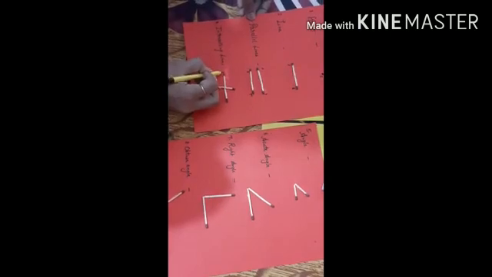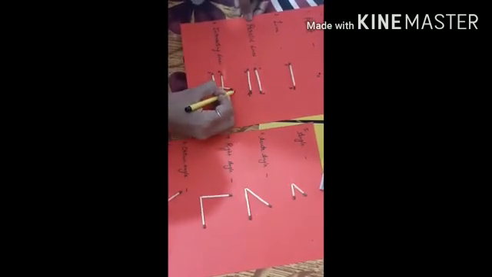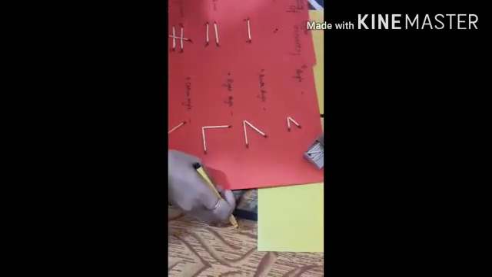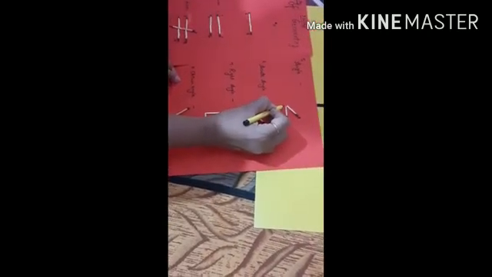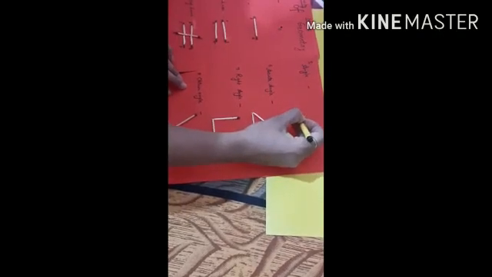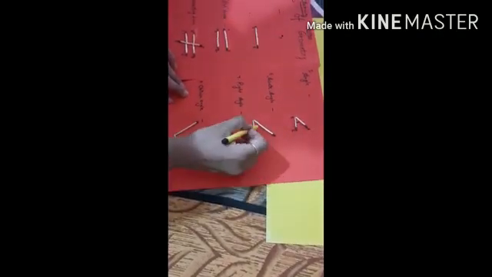Intersecting lines A, B, C, D, and here E and F. Next is angle. You can give the name angle A, B, C, like this it will be the shape of an angle.